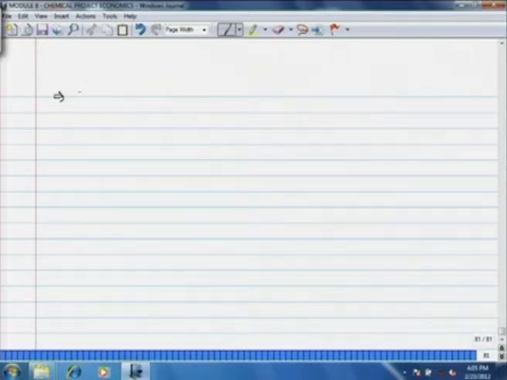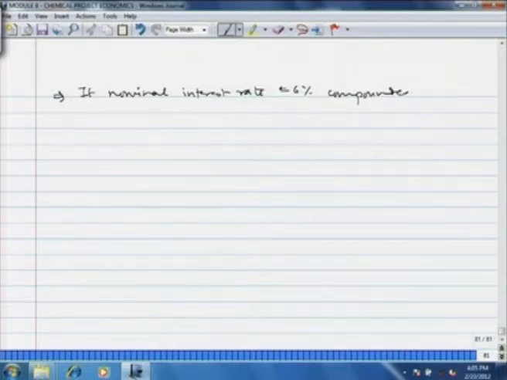With that point we note, okay, if nominal interest rate is 6% compounded annually, then we need $10,000 every 10 years. Okay.